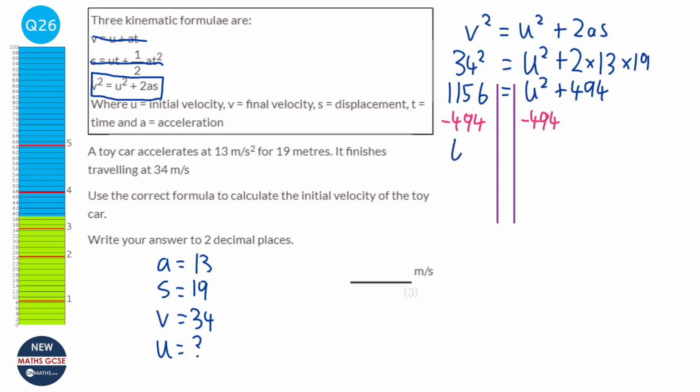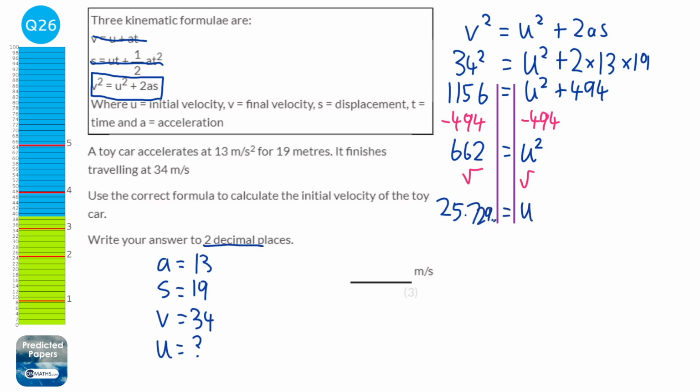And so we're left with 662 equals U squared. Then we're just going to square root both sides. And so square root of that is going to be 25.729 blah blah blah. And it says it wants it to 2 decimal places, so it's going to be 25.73.